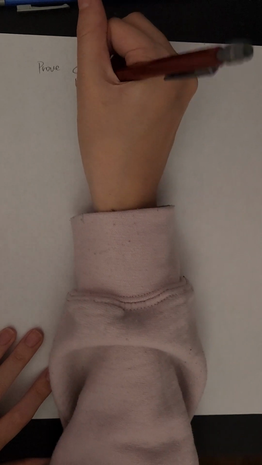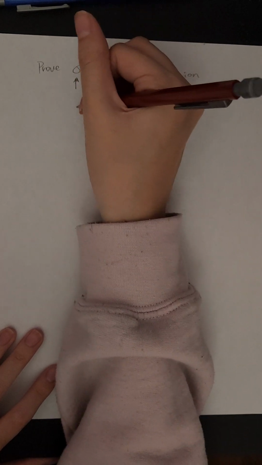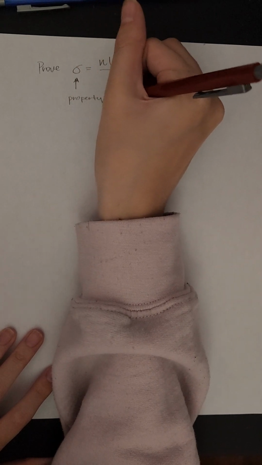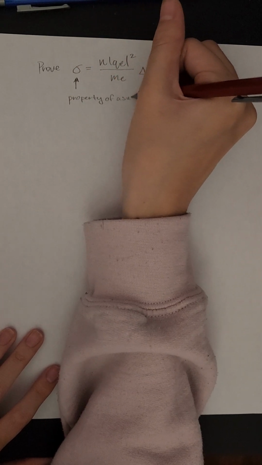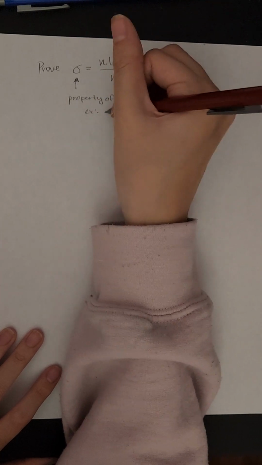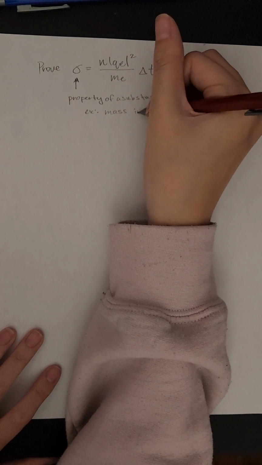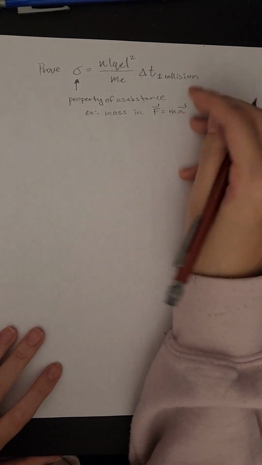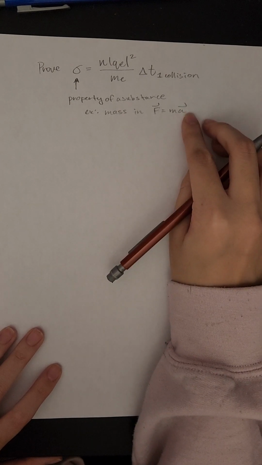But firstly, we should know that conductivity is a property of a substance. So it's like mass in F equals ma. If you increase the force acting on an object with the mass, its mass will not change.